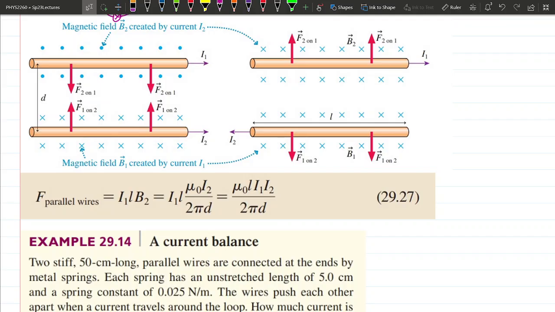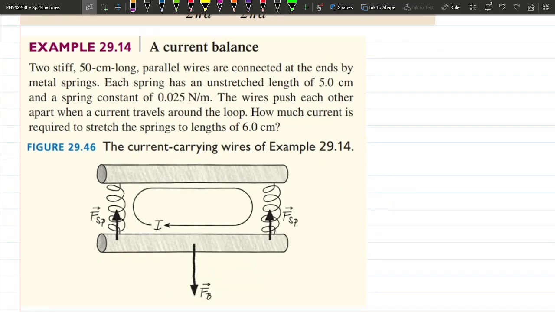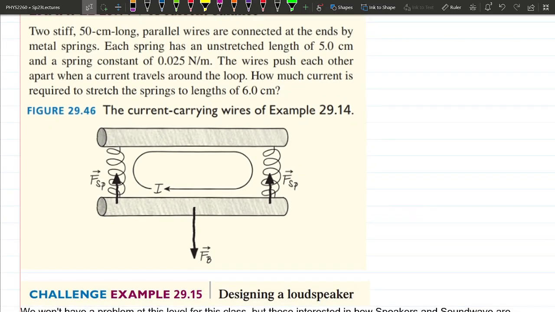Okay. So that's how you calculate the magnetic force between two current carrying wires. And there's a neat application of this. This is actually how a lot of electrical scales work. The way the electrical scale works is that you have a little spring.